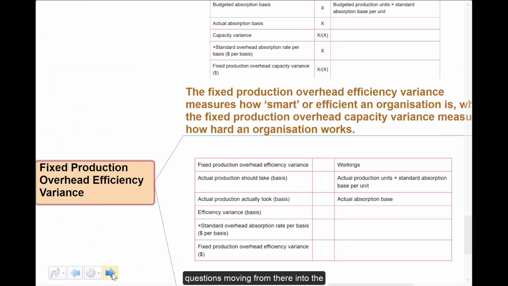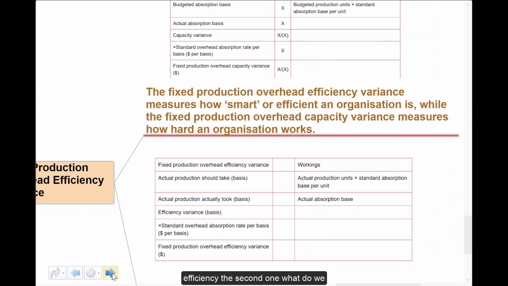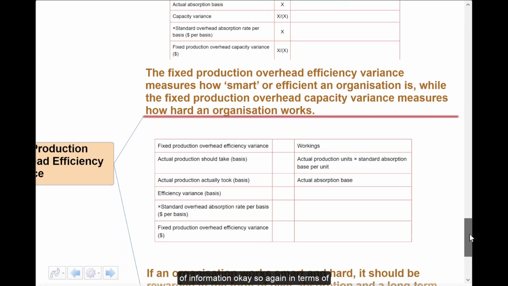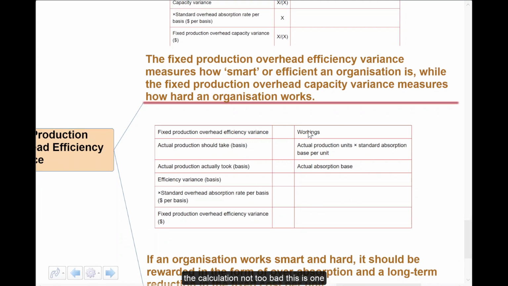Moving into the efficiency variance, the second one, what do we mean by efficiency? Broadly speaking, how smart or efficient the organization is. Combining this with capacity, we have quite a lot of information. In terms of the calculation, it's not too bad, and it's one for us to rote learn: actual production units, standard absorption base per unit.